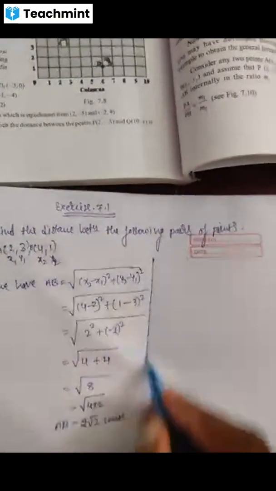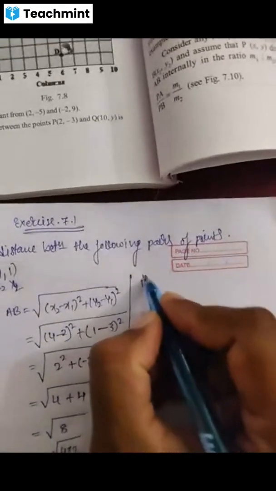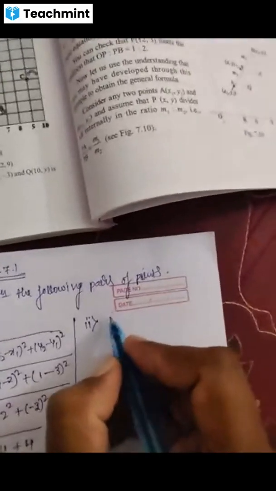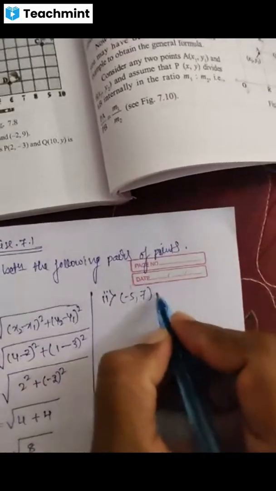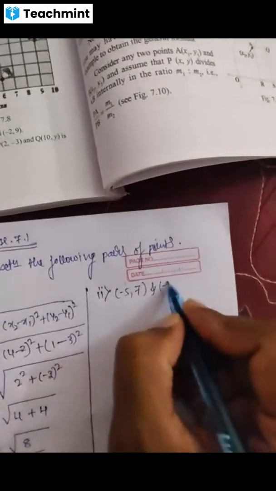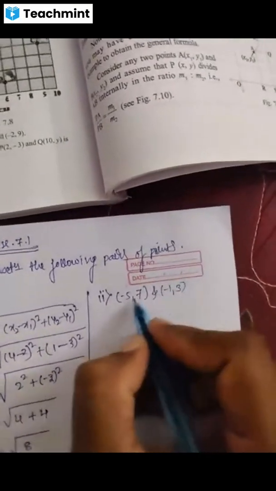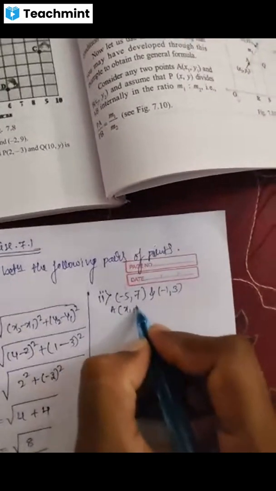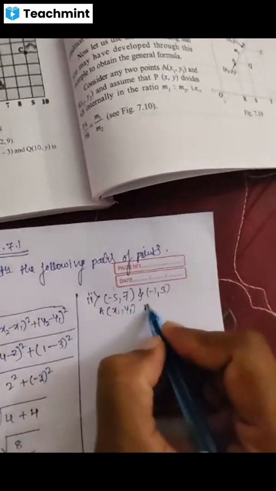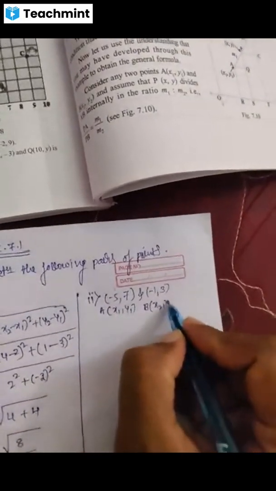In the same way, the second one is (minus 5, 7) and (minus 1, 3). Consider this as A (x1, y1) and B (x2, y2).